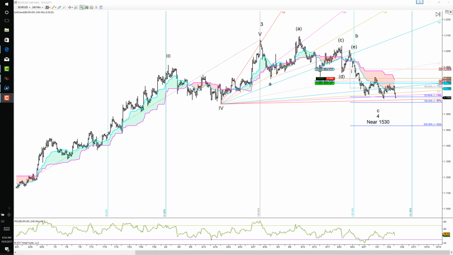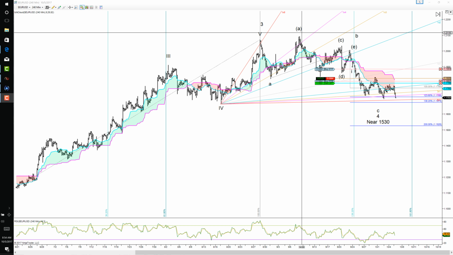At the end of the day, price is still to the downside. So either it's in wave 4, which should terminate near the 1530 level, give or take, or the end of wave 5, the top is already in, and so basically wave 4 is already done.